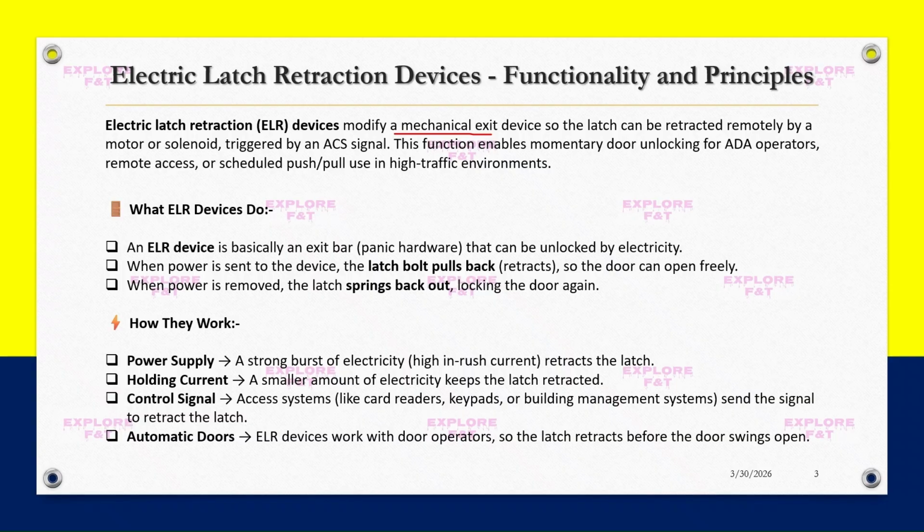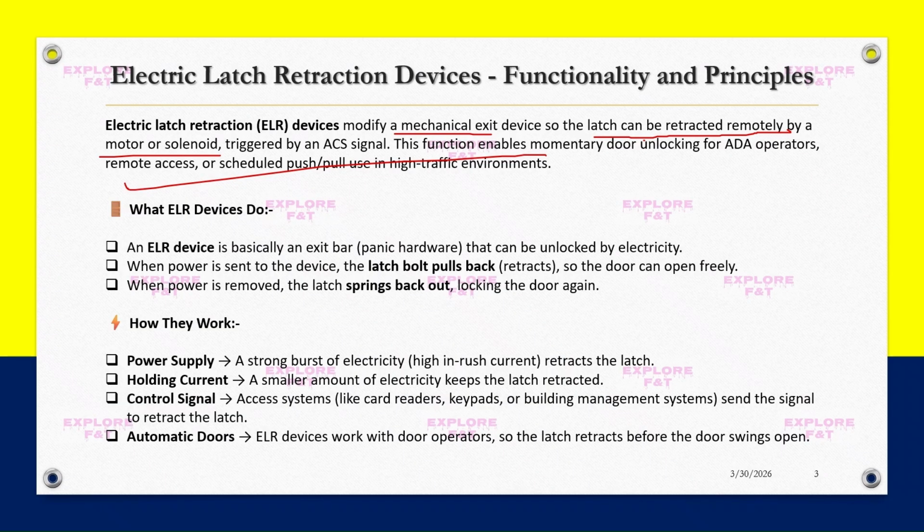The latch can be retracted remotely by a motor or solenoid when an access signal is triggered. This function enables momentary door unlocking for ADA operators, remote access, and scheduled push-pull use in high traffic environments. I think this is very clear. We don't have any doubt about this. If you have anything, you just reach out to me.